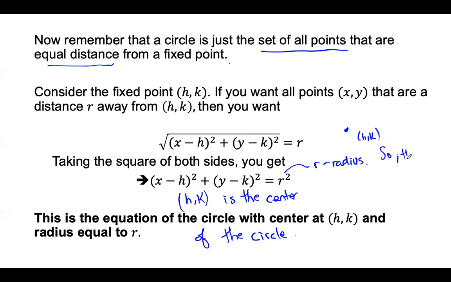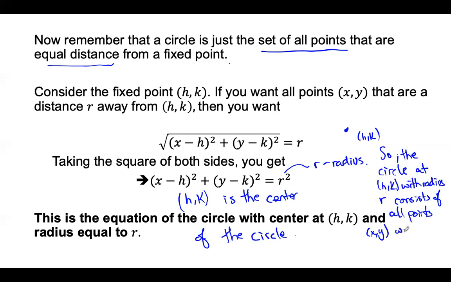So this is our circle at the point hk with this radius r, and it consists of all the points x and y which satisfy this equation.